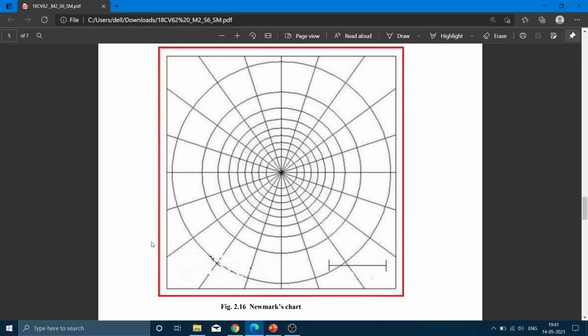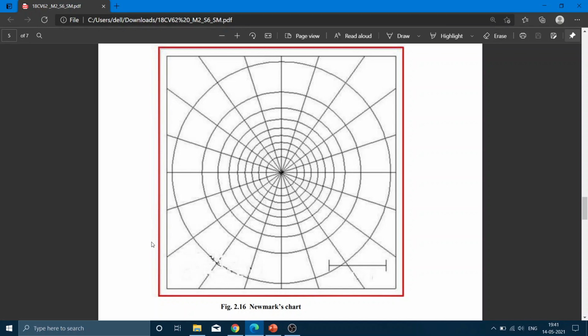On the figure is drawn a line AB representing the depth Z to the scale used in drawing the circles. If the scale used is 1 centimeter is equal to 2 meter, then AB will be 5 centimeter.